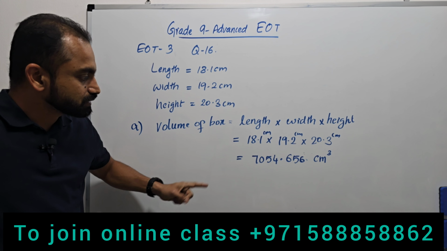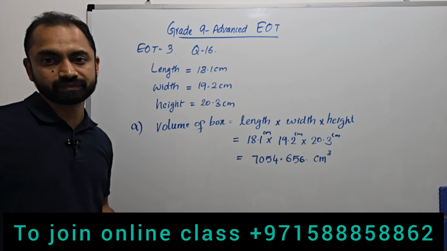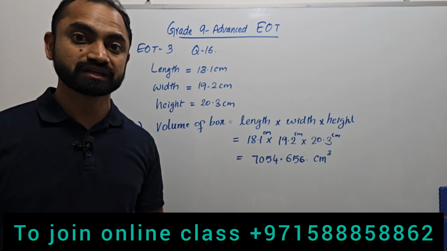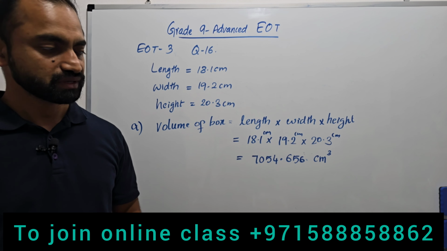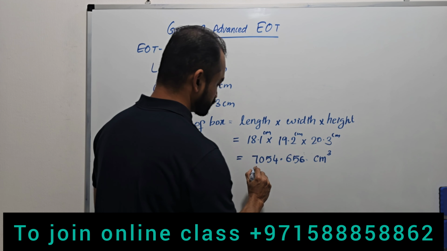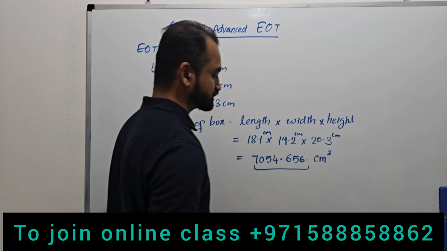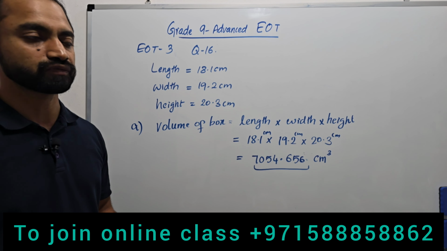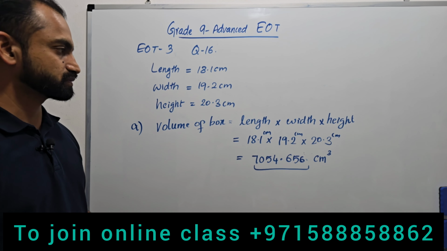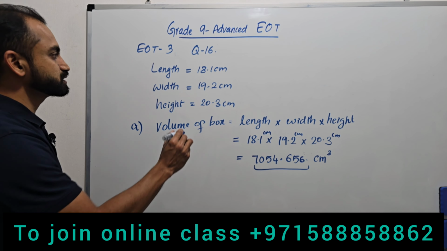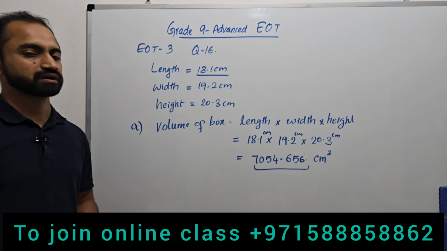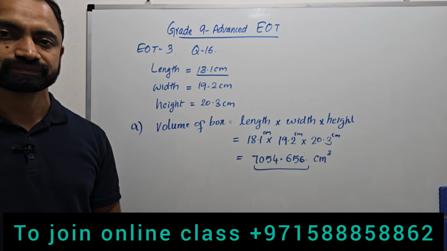Okay, then is our answer correct? Actually this answer is not correct in significant figures. This answer is not correct if you need to write the answer in the correct number of significant digits. For example, in 18.1, how many significant figures?